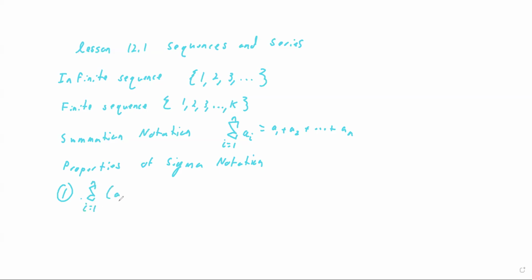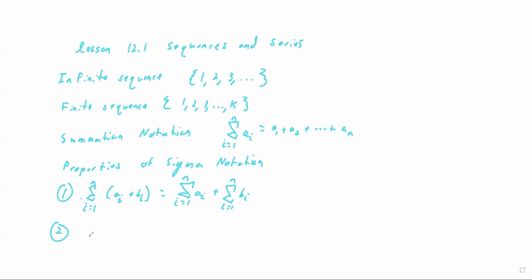So, for instance, maybe I have a couple of things going on here. I can actually take these two functions and separate them as two different summations. Sometimes that makes it a little bit easier to solve or simplify. And then it also works vice versa. Maybe I have it written like this, and maybe I want to write it out as just one big notation.